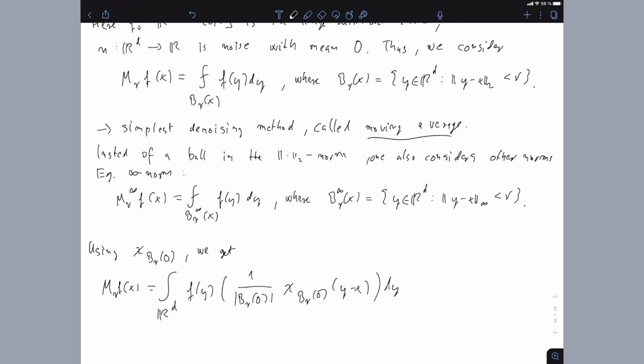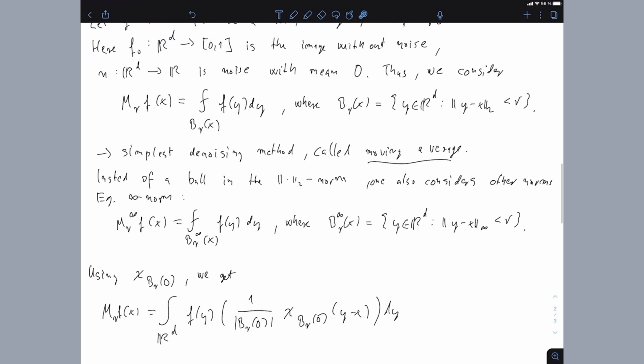So why is that the case? This average just means we scale by the volume of the ball. That's this factor. The volume of the ball doesn't matter where the center of the ball is. If the radius is r, the volume is always the same. That's why we can put it here. So these correspond to each other.